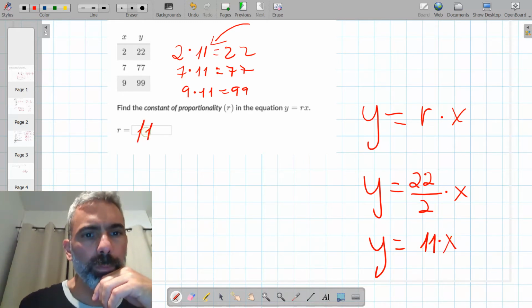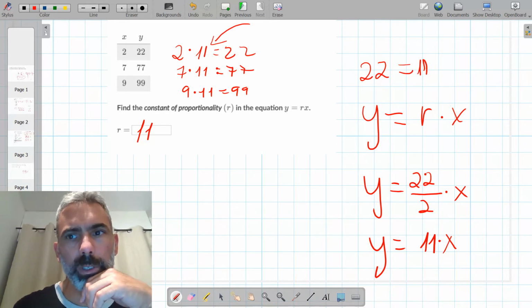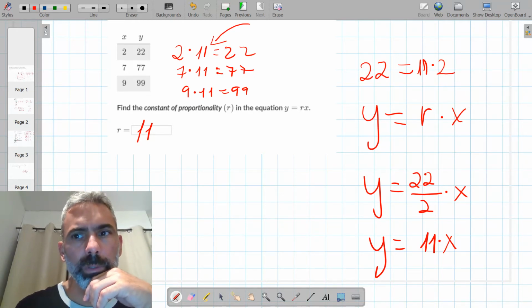So the constant of proportionality is 11. So if I plug in 11 in this equation, y, which is 22 in the first pair, equals the constant of proportionality 11 times x, which is 2, so it's good.